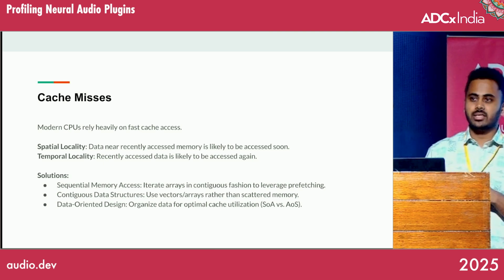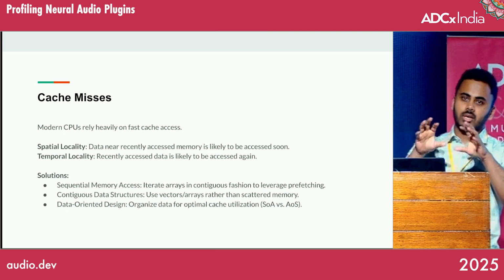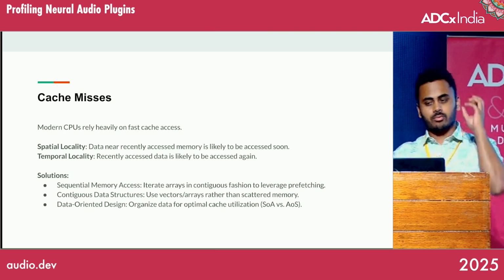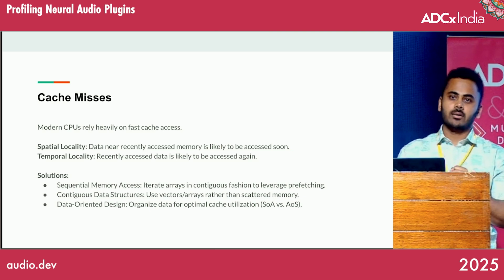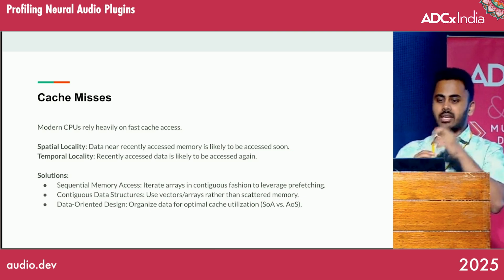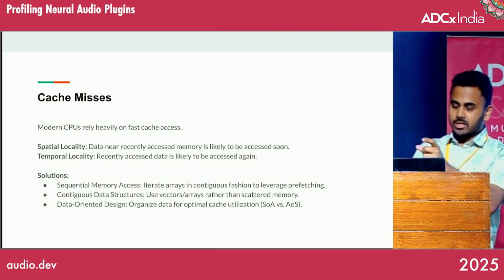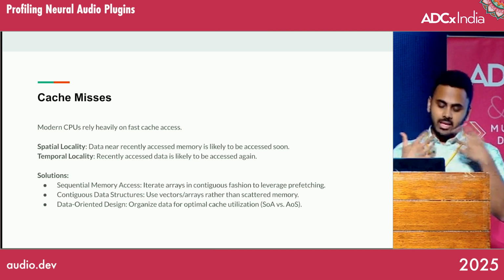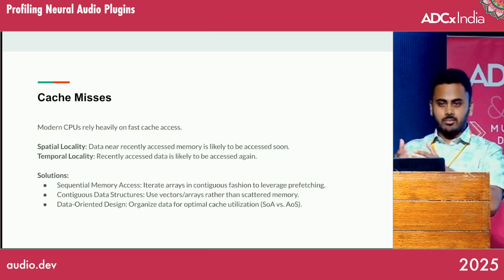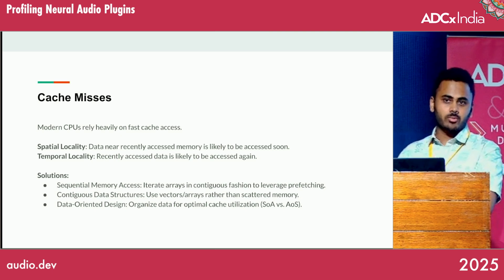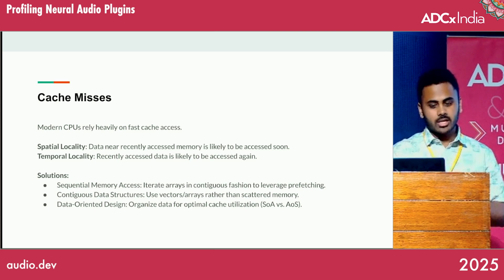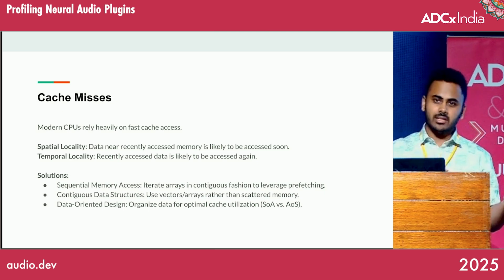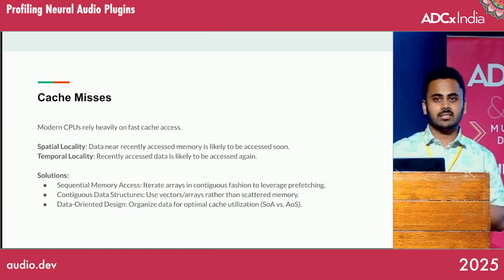With spatial, anytime the computer goes and fetches some data from the RAM, it doesn't take the exact piece of data it wants. It takes a larger chunk. The assumption is that if you're accessing something, you probably will be accessing something close by soon. That would be your spatial locality. And temporal locality is that if you access something recently, there's a high chance that you might access that again.